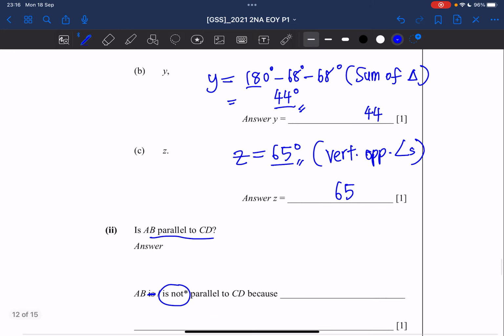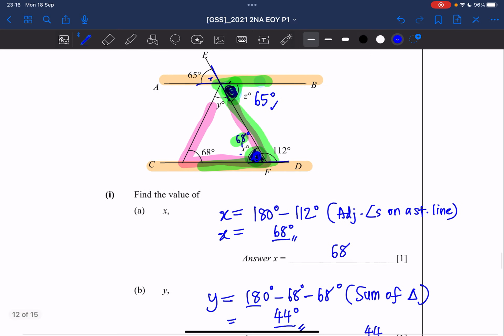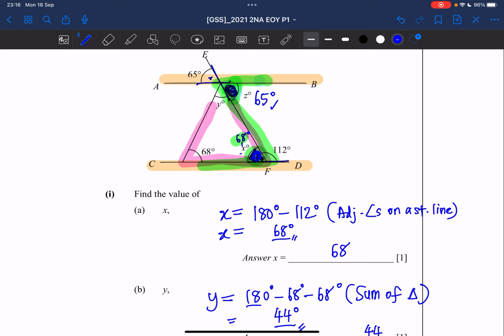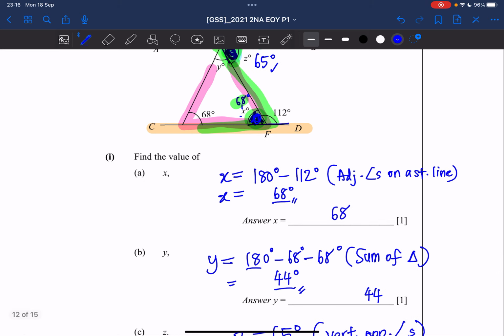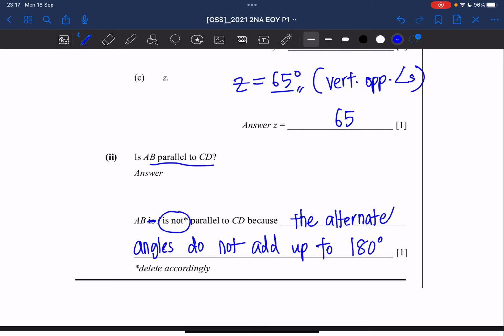AB is not parallel to CD because the alternate angles do not add up to 180 degrees.